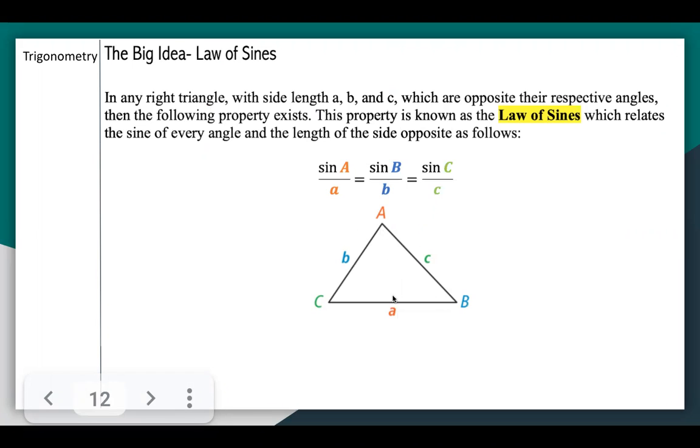So sine of A divided by A should be equal to the sine of B divided by B, which should also be equal to the sine of C divided by C. And this is true for all triangles, not necessarily right. Here I have it as right, but it does not necessarily have to be a right triangle.